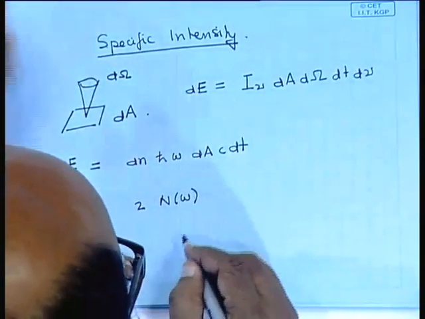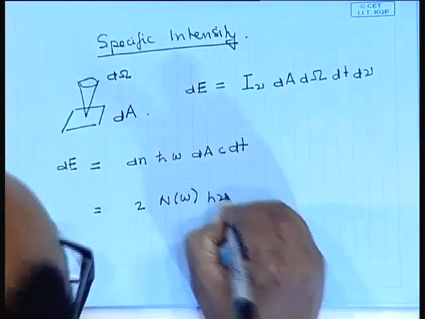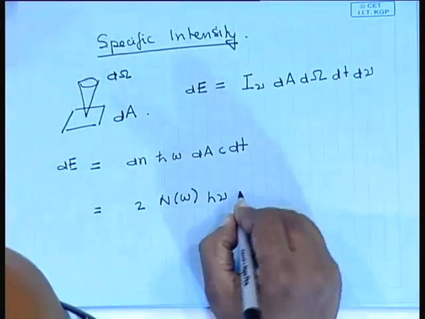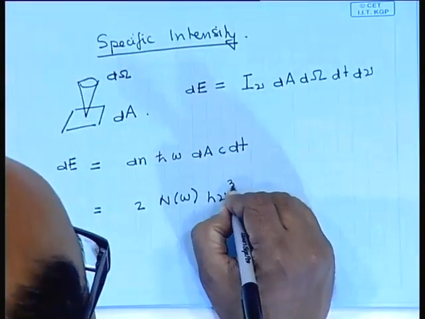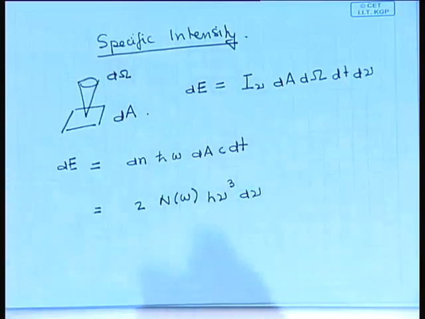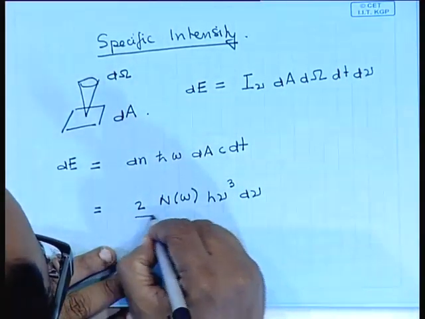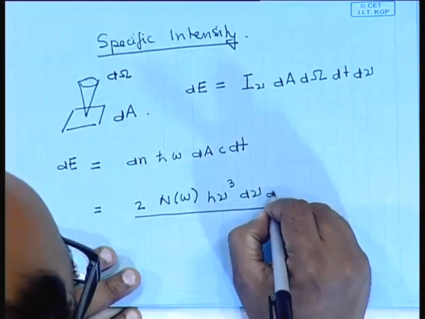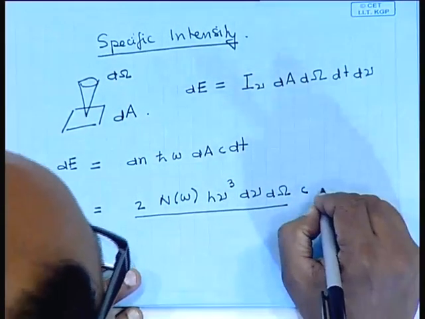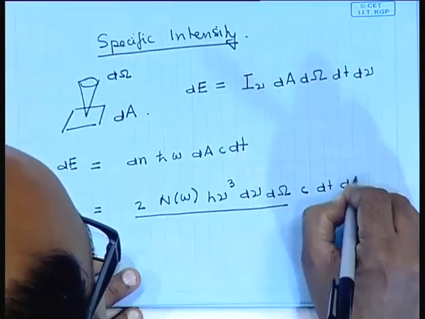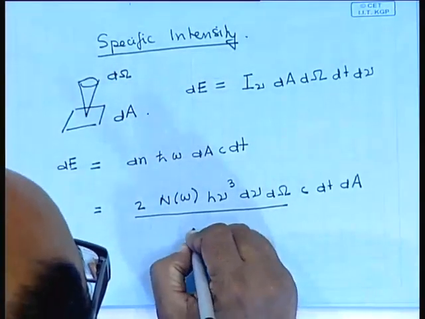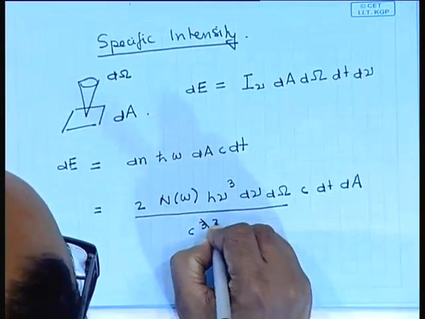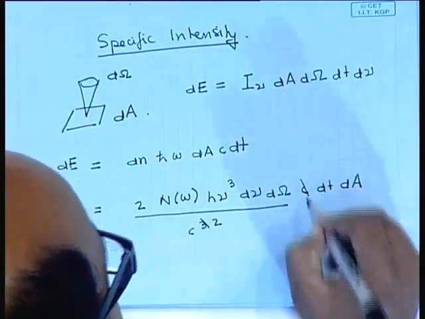So, we can write this as n omega h nu, and then I will have a factor of nu square. So, this becomes nu cube d nu by d omega c dt dA, the 2 pi's have all gone. So, I have a factor of 1 by c cube over here. So, this becomes this c, and there is a c over here, this cancels out.